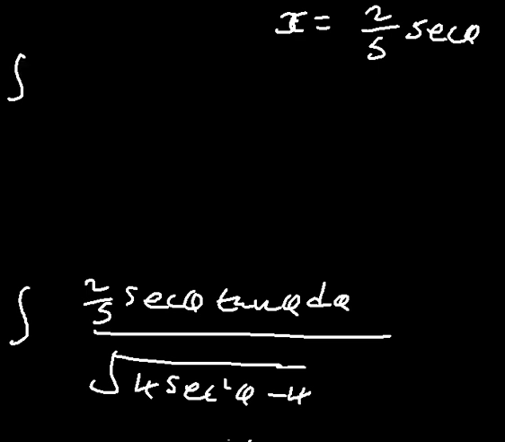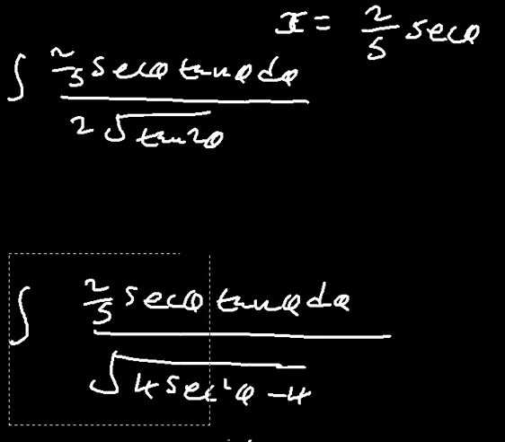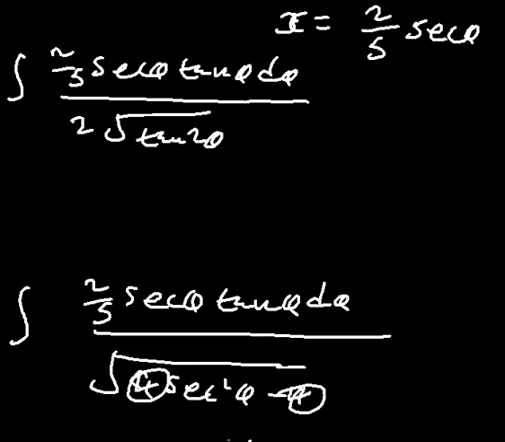We'll have the integral of 2 over 5 sec theta tan theta d theta divided by, that is the same as 2 times tan theta, according to the Pythagorean trigonometric identity, if we simplify further at that point. By the way, we have factored out 4, and we are remaining with sec squared theta minus 1, which is the same as tan squared theta.